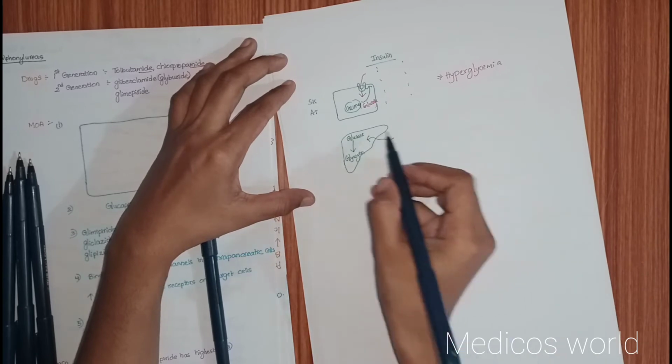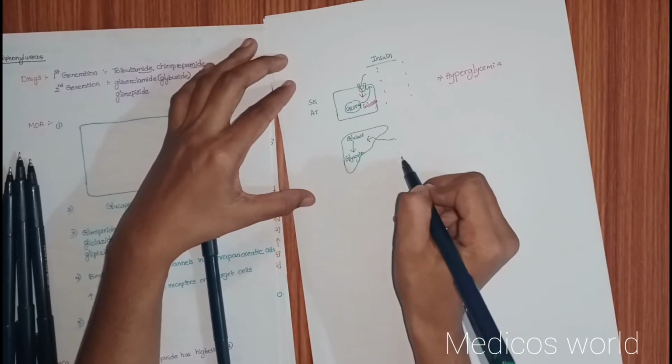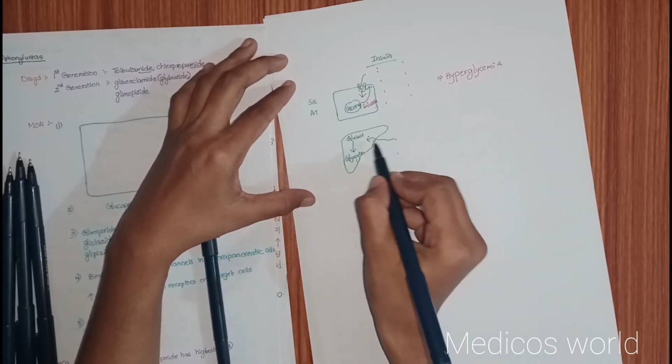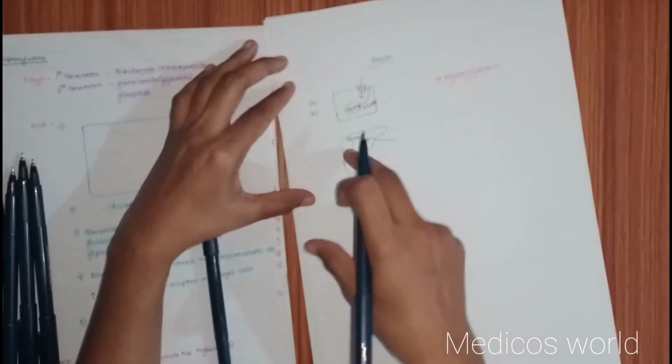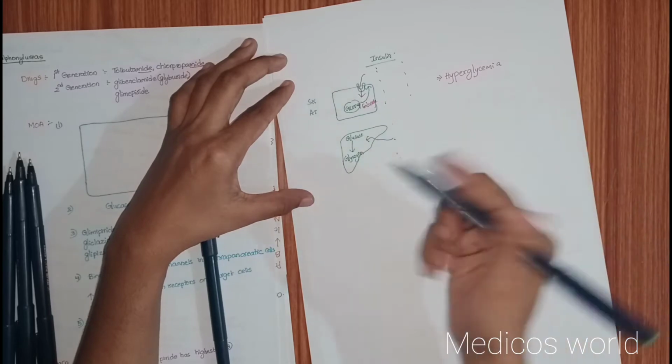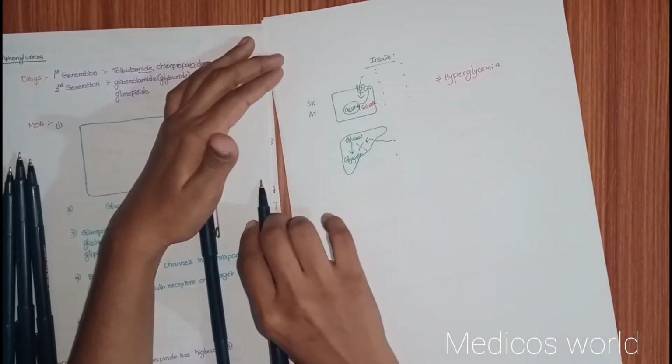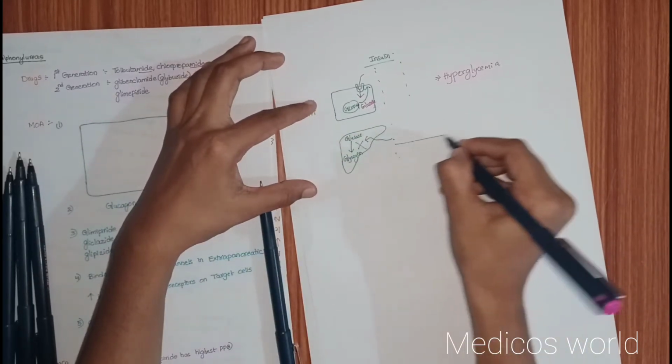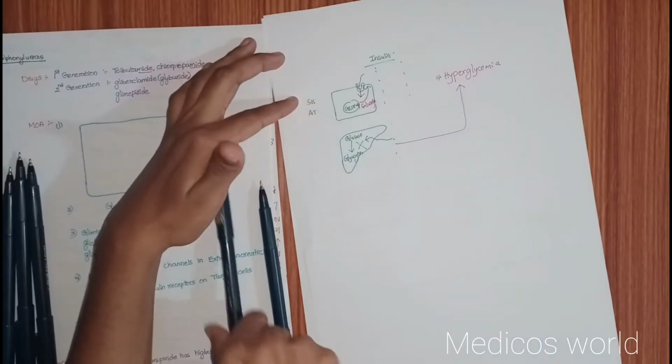So the glucose levels in the blood will be reduced because of this uptake. This is the normal function of insulin. Because of the lack of insulin in diabetic ketoacidosis, this function will not happen. Further, it leads to hyperglycemia.